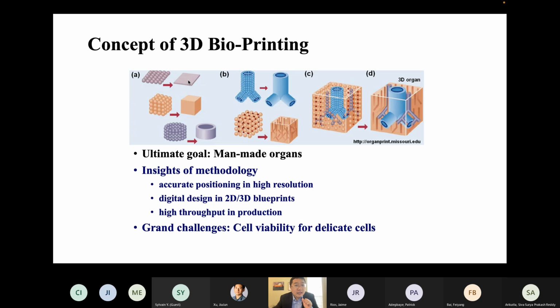So eventually we can let the cells form a sheet, a tissue, like a skin-like tissue. And then what if we print a 3D cube? This cube will eventually, because the cells will grow if we keep them alive, fuse into a structure.